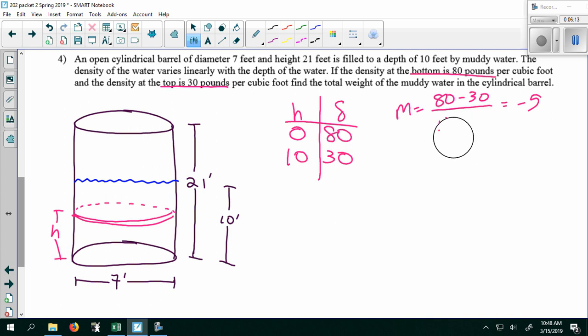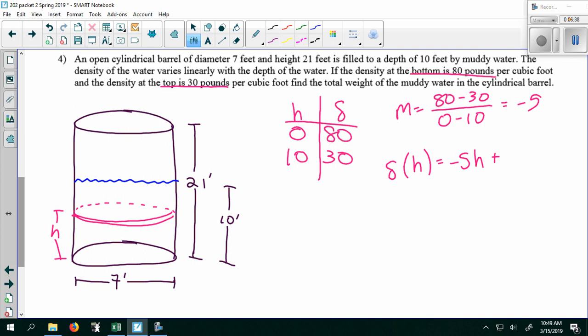Because I did the subtraction backwards, 80 minus 30, then I have to do 0 minus 10, right? Because the 0 goes with the 80. So that comes out to -5. So my density as a function of height is going to be -5h plus y-intercept, which would be what?